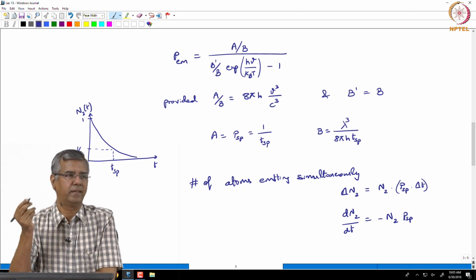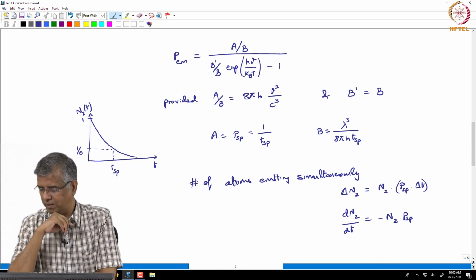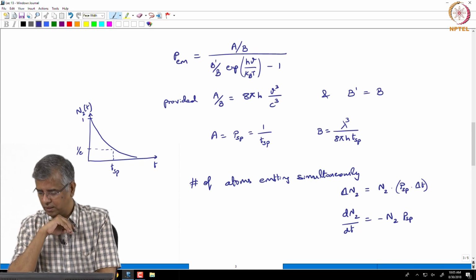Because it is decreasing, right. Obviously, when you are emitting these photons in a spontaneous manner, you are actually depleting the population in that excited state.